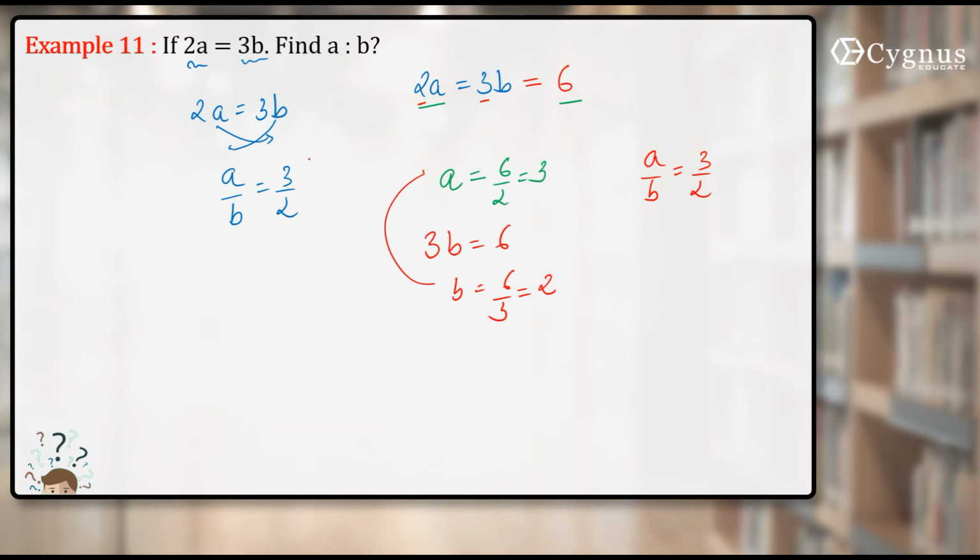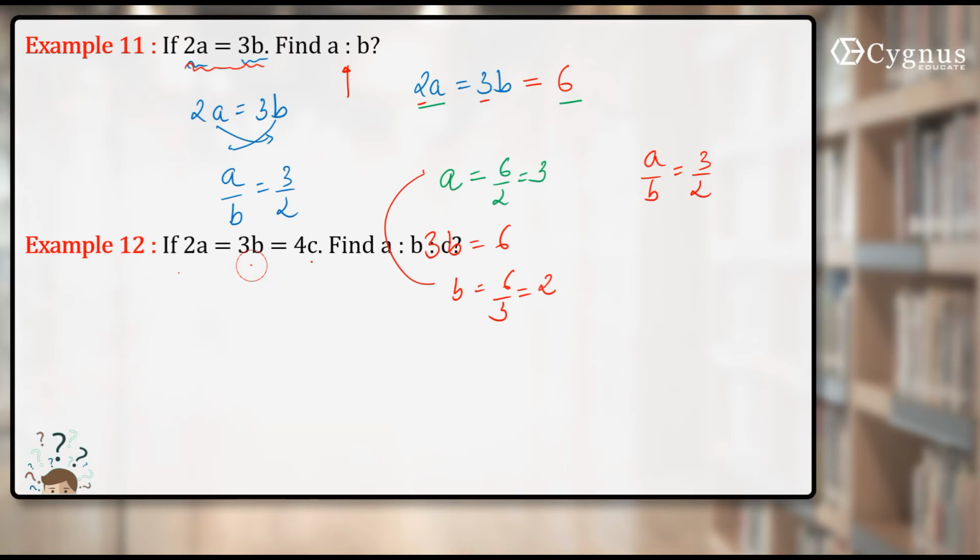So sometimes you won't get A is to B directly. You'll get the information in this form. So the best way is to equate these values with a number which is the LCM of the coefficients of A and B. Let's apply this in a bigger one.